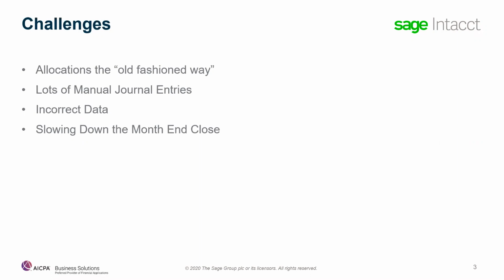We all know that anytime we're in a manual situation, we run the risk of forgetting some information, being incorrect or outdated. And at the end of the process, this is obviously a component of our month-end close. And going through these manual steps and checking and rechecking slows down our monthly close.